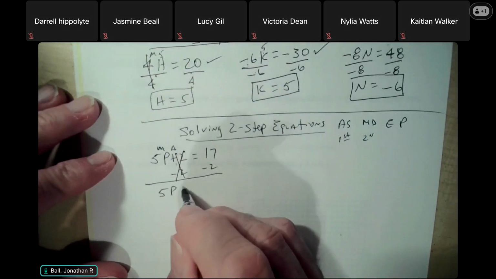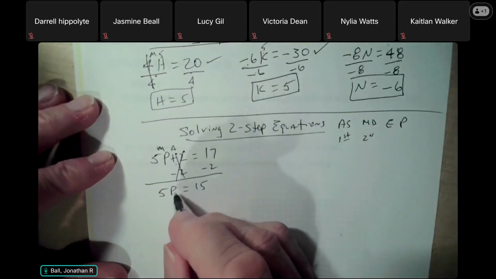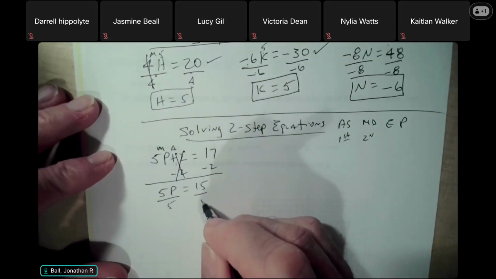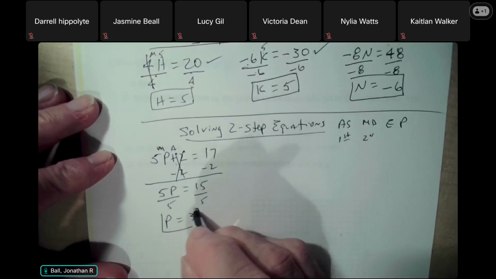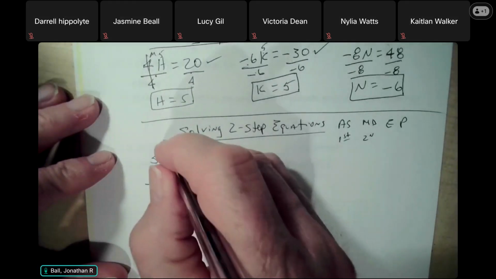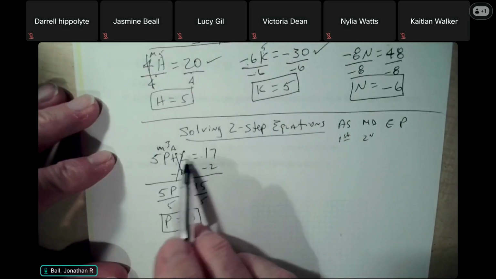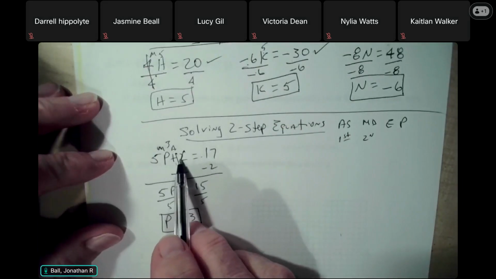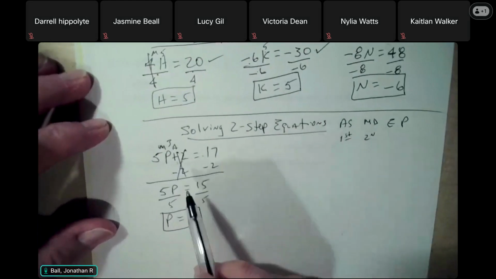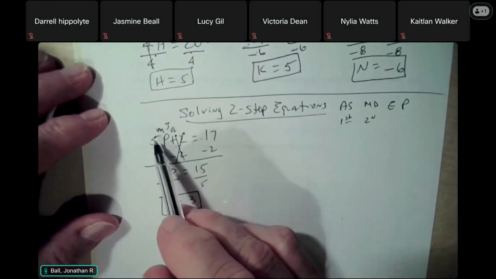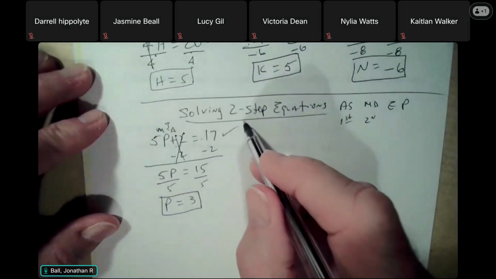We have 5p equals 17 minus 2, which is 15. And then we divide by 5, divide by 5. p is 3. You plug it back in, 5 times 3. Now we do PEMDAS the correct way because we're evaluating. I'm sorry to use these words, but this is what you're going to see on the final exam and forever also. 5 times 3 is 15, plus 2 is 17. So we're correct.